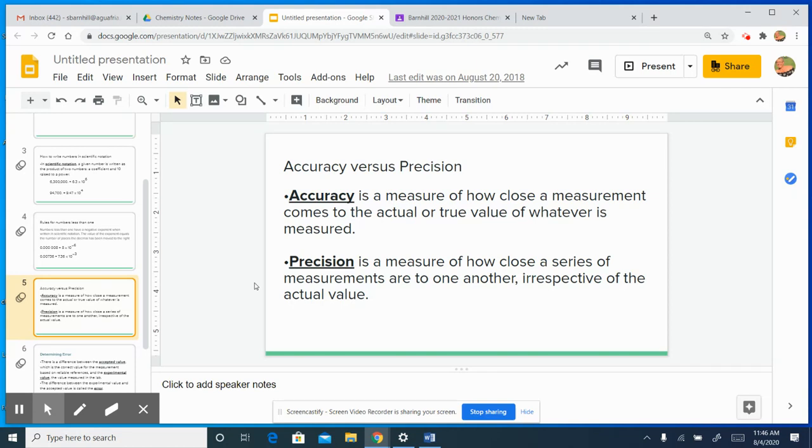So again, if you're trying to determine the boiling point of water and you measured the temperature at which water boiled, and you did it 3 times and you got 75 and got 75.1 and got 74.9, you would have very high precision. You got 3 values that were extremely close to each other, but you weren't very accurate. So that's the difference in the two.